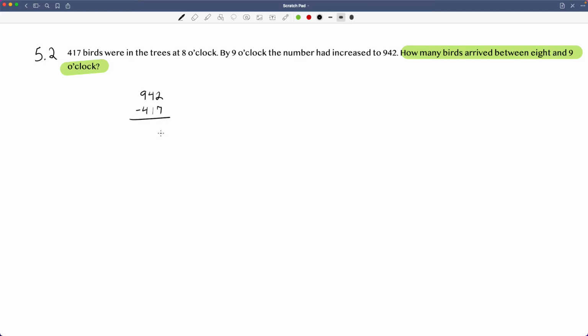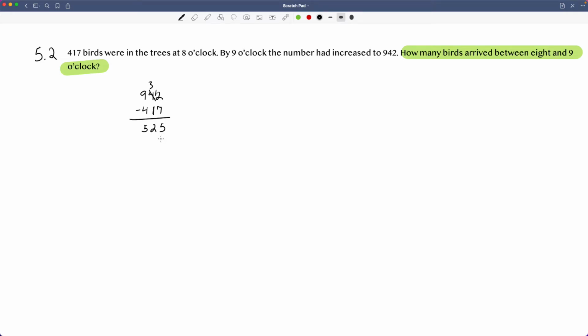So let's look at this here. We're going to borrow from here and make this a 3. This will be a 12. 12 minus 7 is 5. 3 minus 1 is 2. And 9 minus 4 is 5. So 525 birds were added between 8 and 9 o'clock.